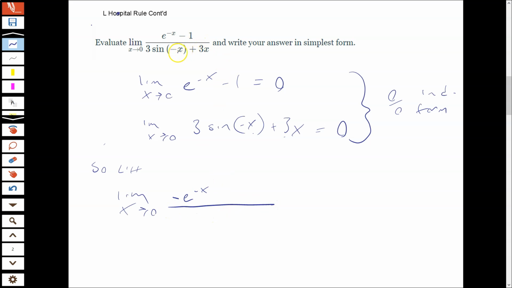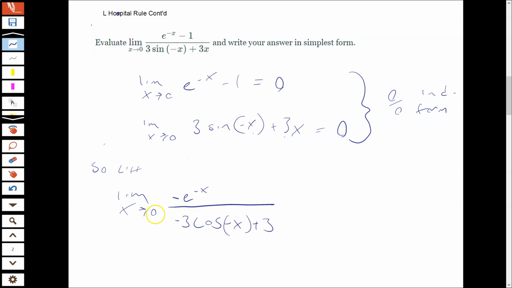And then the derivative of 3 sine negative x will be negative 3 cosine negative x plus 3. Okay. And those derivatives, we should be getting to the point where you can do them that quickly. If you have to look at the formula sheet, that's fine, but the chain rule should be coming more and more naturally to you at this point.